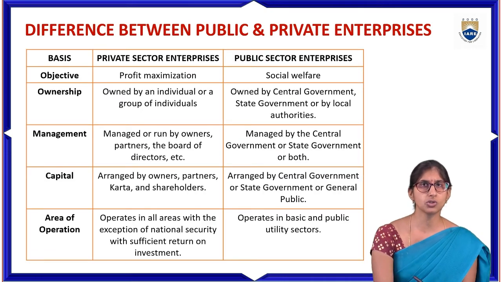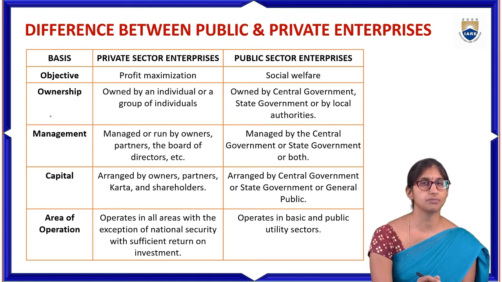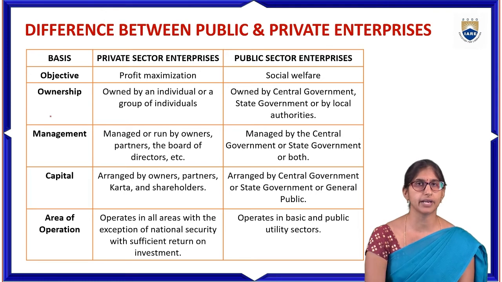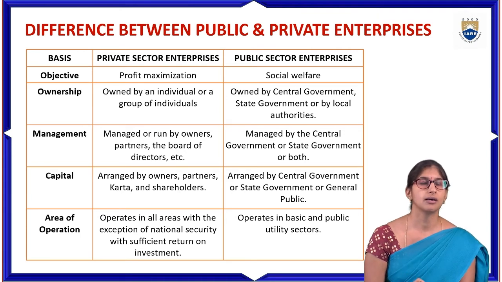Okay. So we are going to differentiate on various bases. On the basis of objective, the objective of the private limited company is to maximize profit, and the objective of the public limited company is only social welfare.